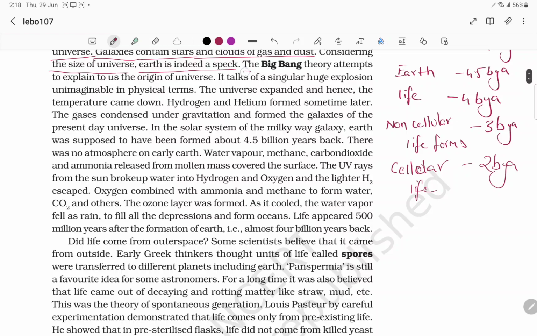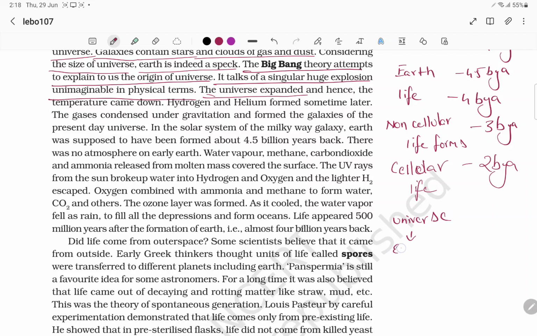The Big Bang theory attempts to explain the origin of the universe, how the universe got originated. It talks about a very singular explosion. Imagine in physical terms, the universe expanded. So the explosion leads to expansion.